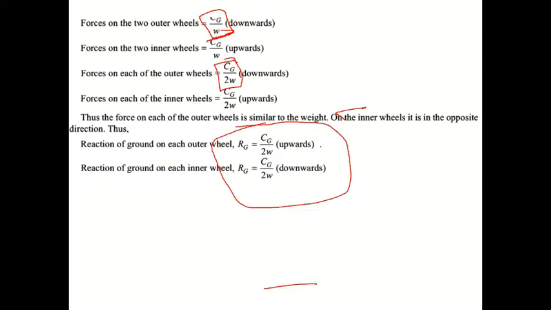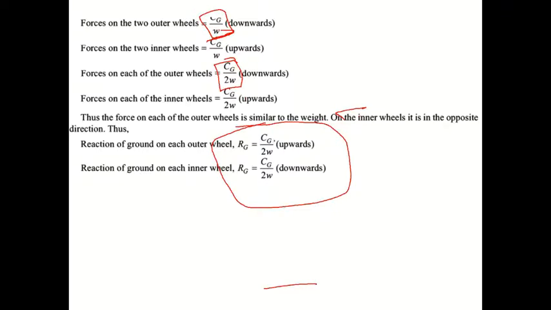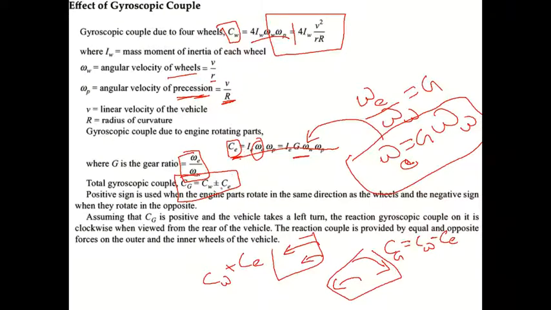For centrifugal force, the formula is Cc by 2W, where Cc is mv square divided by r into h, and Cg is equal to CW plus CE, or in other words 4IW v square divided by r.